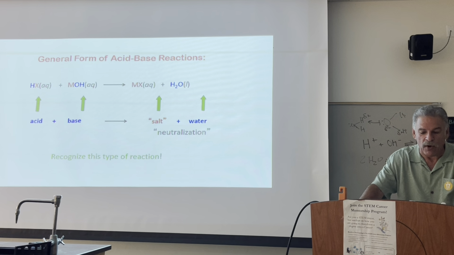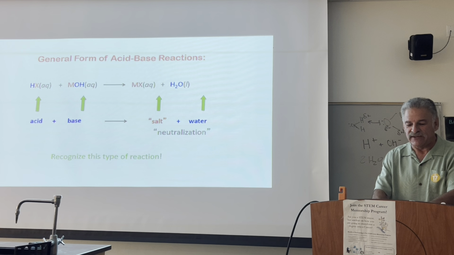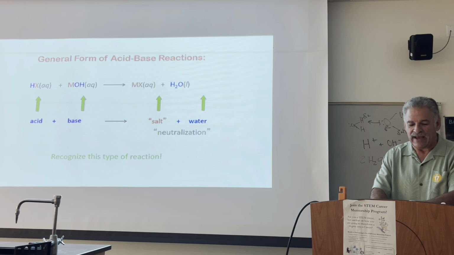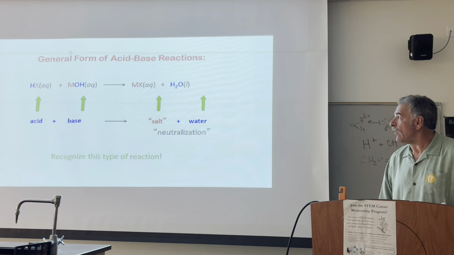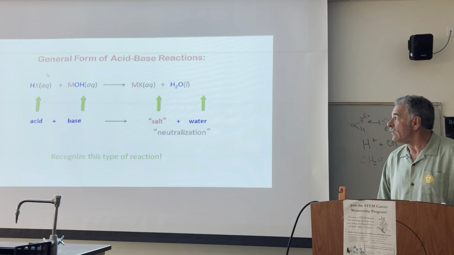Make sure you don't ever swap cations and cations. Don't put cations and cations together. They repel anyway. Anions and anions repel. So don't have the X and the OH go together, and don't have the H and the M go together, because they're cations and they would not go together.